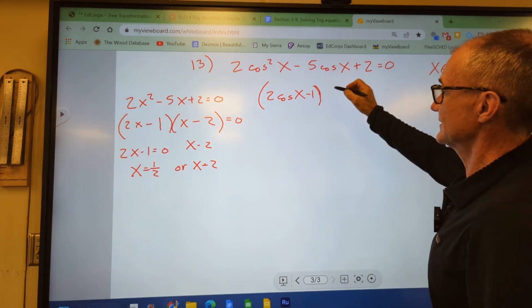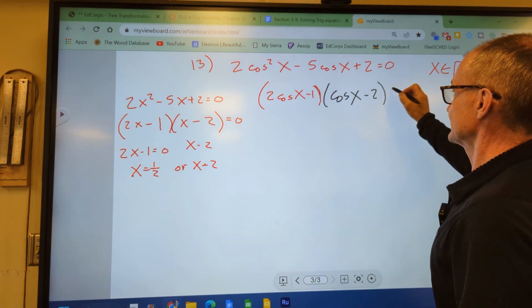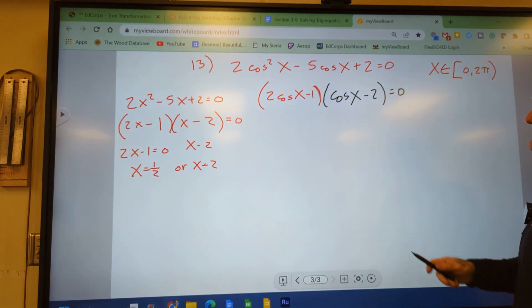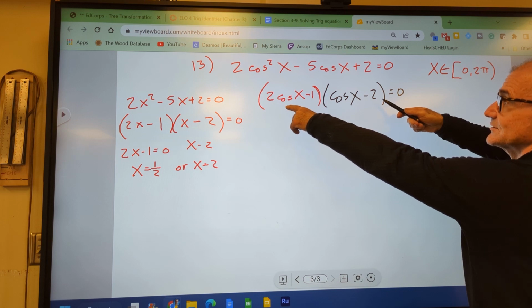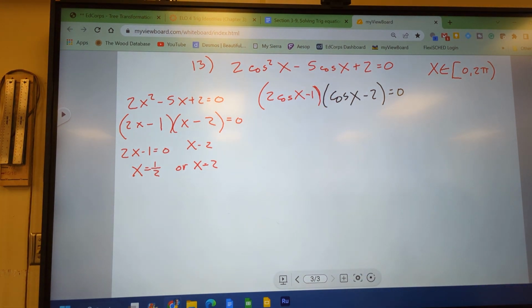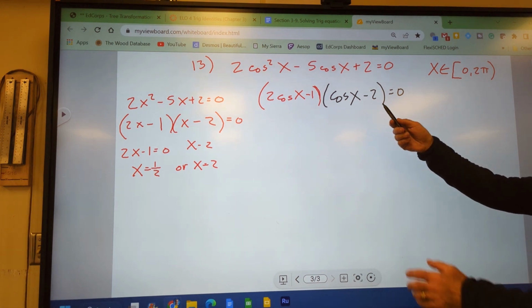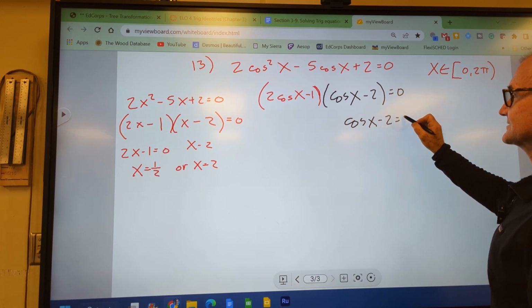And then over here, I'm going to have cosine of x minus 2 equals 0. Again, the check, 2 cosine squared of x minus cosine of x minus 4 cosine of x gives me that negative 5 plus 2.